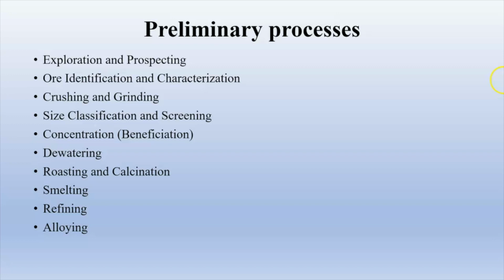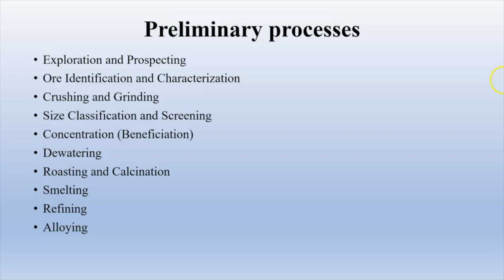The size classification and screening process ensures the particles of the desired size range are sent for further processing while the oversized materials are rejected. Here, the ore is subjected to size classification, screening it into different size fractions.